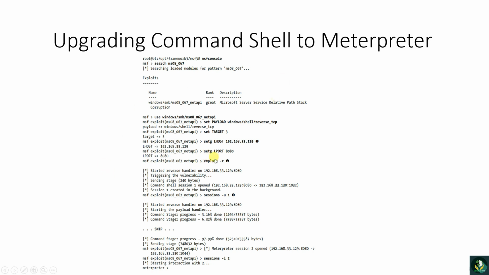Notice when we exploit the system, we issue the exploit -z command, which will not interact with the session once the target has been exploited. If you had already executed the exploit command, at this time you could simply press Ctrl+Z and run the session in the background.